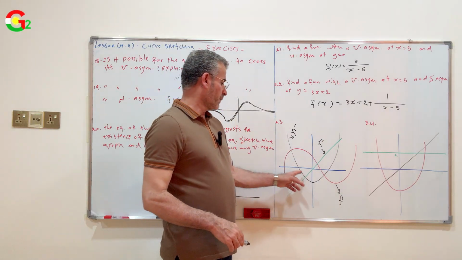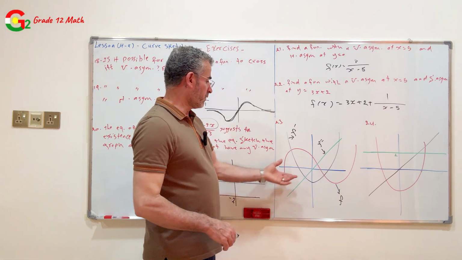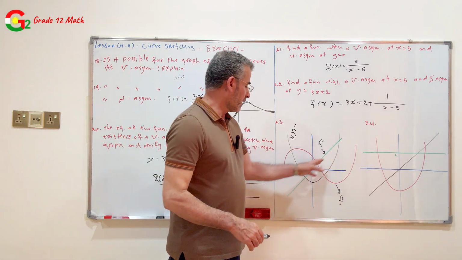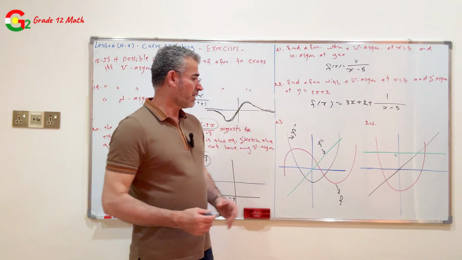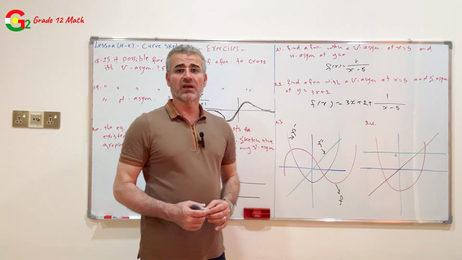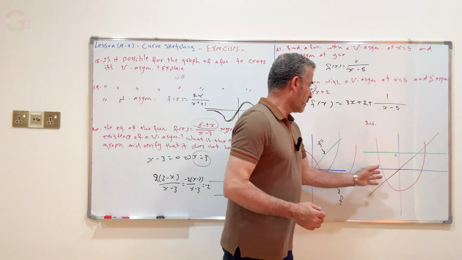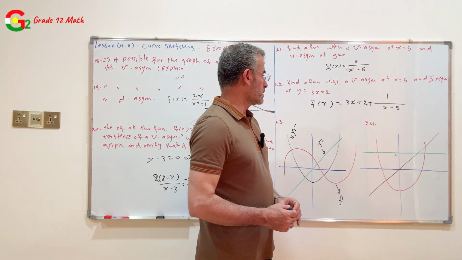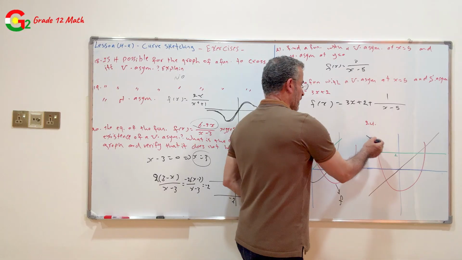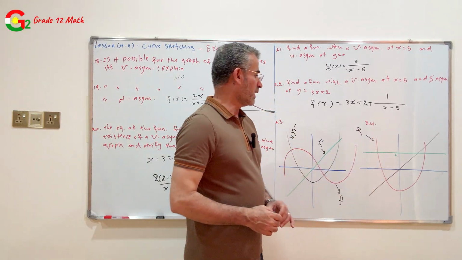Since the graph in black is the graph of a quadratic function, the graph in green is the graph of a linear function, and the graph in red is the graph of a cubic function.